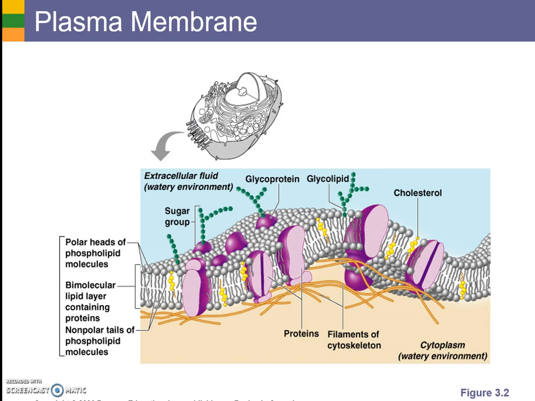And then we see our next group of molecules, the glycocalyx, which includes the glycoproteins, the proteins, the purple structures with the sugar groups hanging off of them, and the glycolipids, the fatty acid tails with the sugar groups hanging off of them. They're very important.